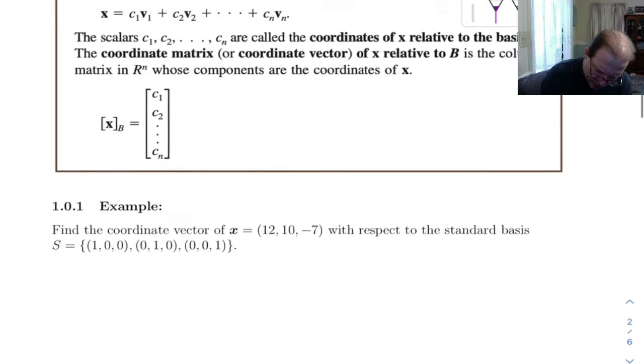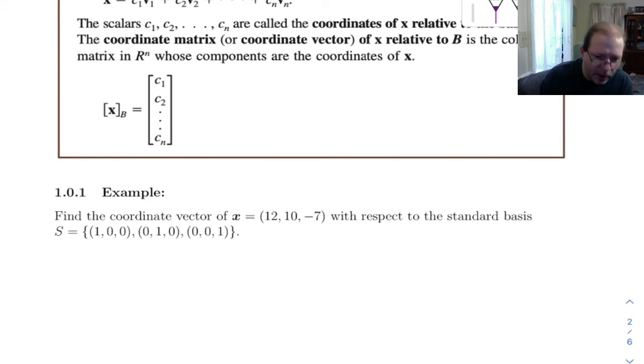Okay, there's a couple of examples here I want to look at. This first one says find the coordinate vector of this with respect to the standard basis. Okay, this is actually kind of a silly question. It's saying find this with respect to the standard basis.